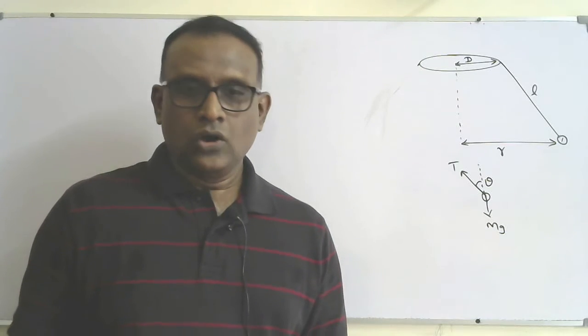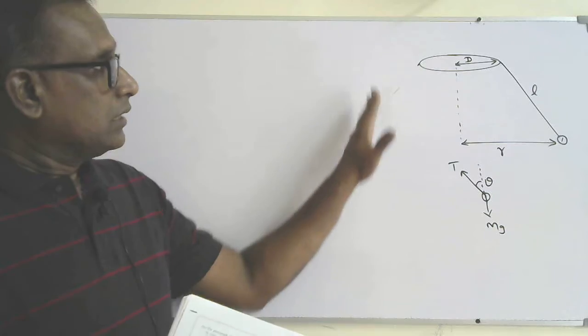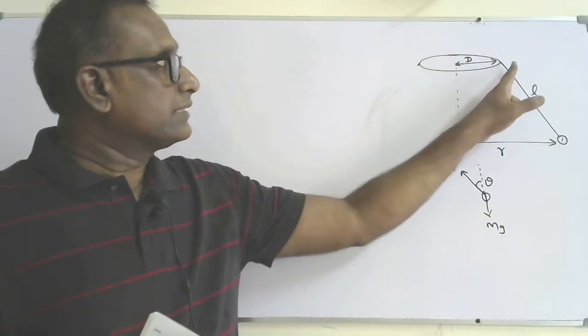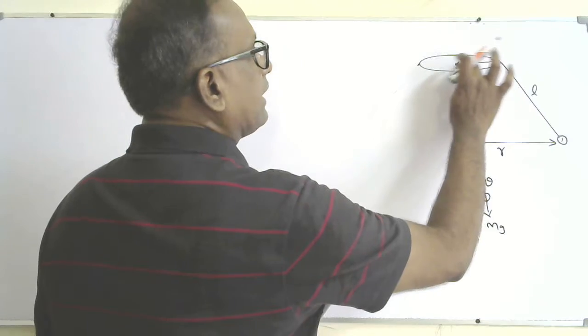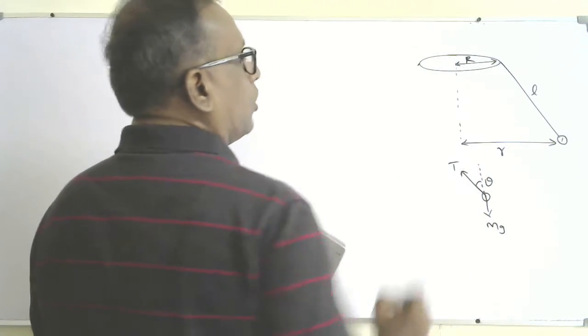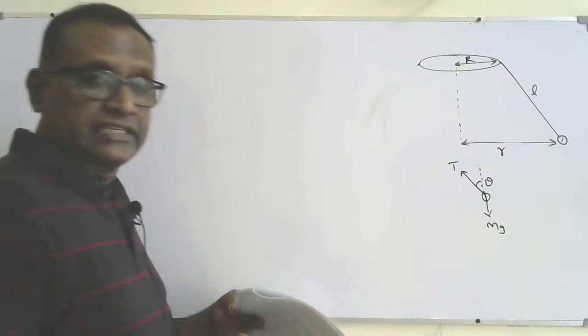So if you increase the radius of the canopy, the circular disc from which the strings are attached. You can see that here the canopy, its radius is capital R. The radius of the circular path depends on the radius of the canopy.